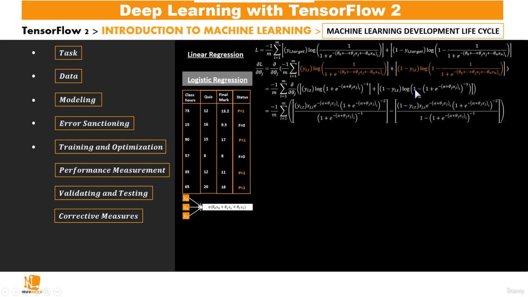The derivative of a constant 1 is going to give you 0, so that's ignored. And then finding the derivative of this function is exactly the same as the derivative of the other function we had done here. That's why we have x_j^i e to the negative (alpha plus theta_j x_j), and then this function, 1 plus e to the negative (alpha plus theta_j x_j), all of that to the -2. Notice also that we have a negative sign.